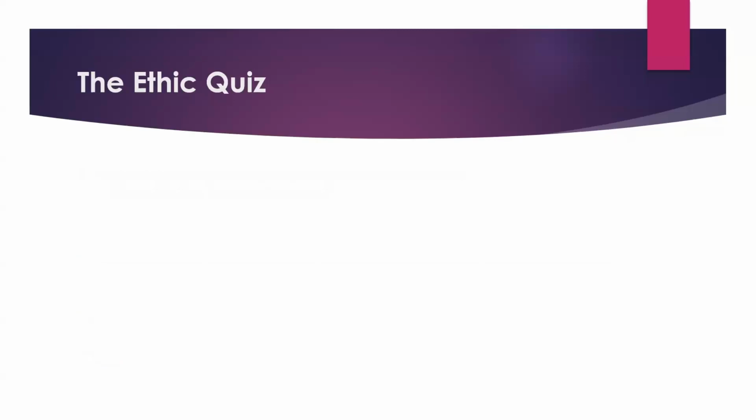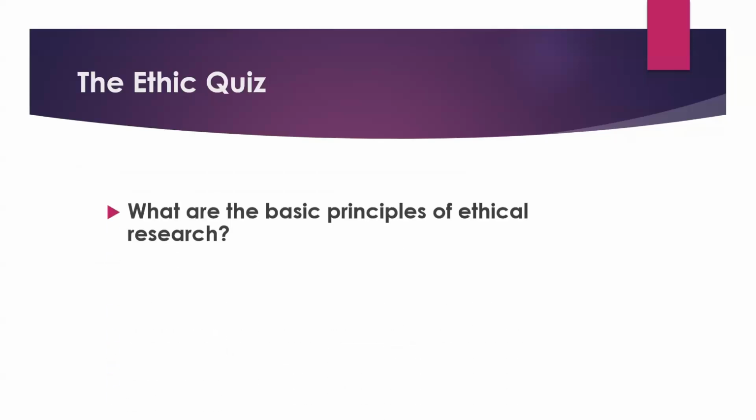The next question is, what are the basic principles of ethical research? This is a question in your homework assignment. The textbook listed two that we've discussed already, but let's answer the question.